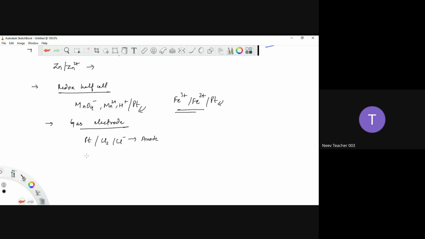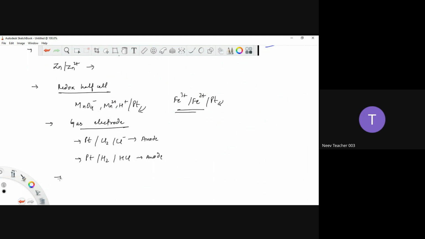Similarly, I can take hydrogen: Pt, H2 gas, HCl. That is also anode. In the same way, you can write their reactions and find the EMF as well. If they work as an anodic half cell or cathodic half cell, accordingly you need to write the equation, and accordingly you need to find the E°.